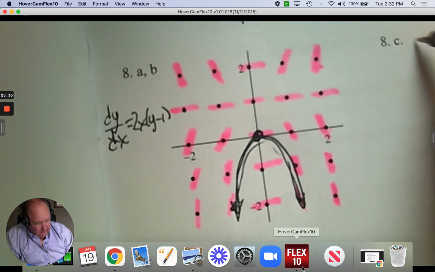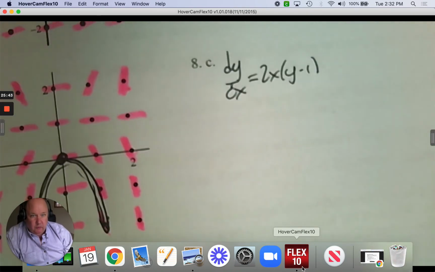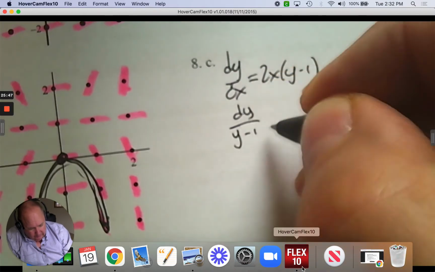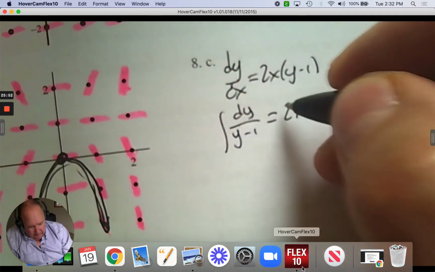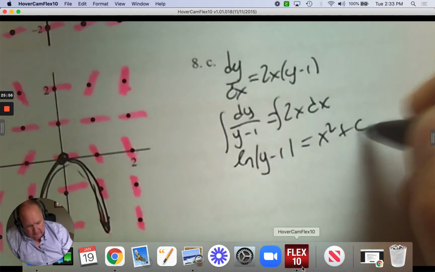Then if we take the diffie-q, can you separate the variables and solve it? So we're going to multiply and divide. We're going to divide by y minus 1 and multiply by dx. We're going to integrate both sides. This is ln. This is x squared.